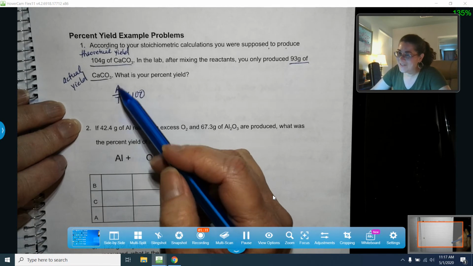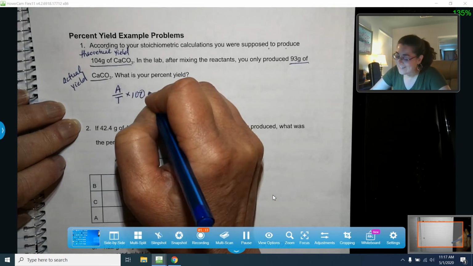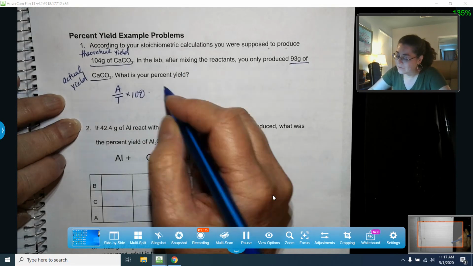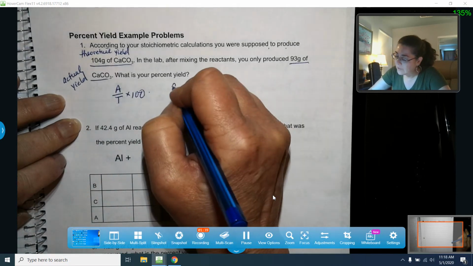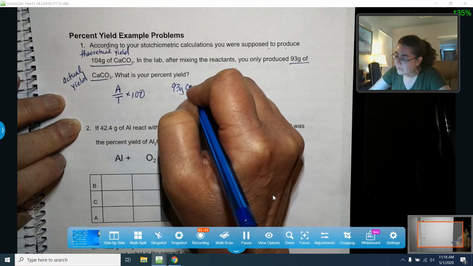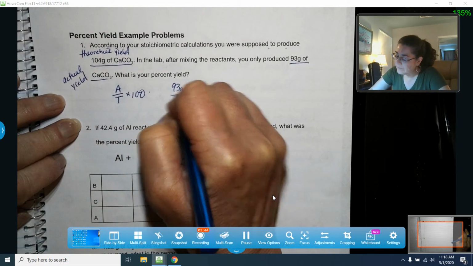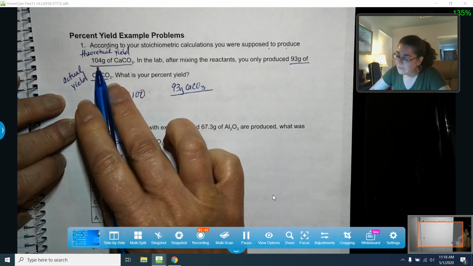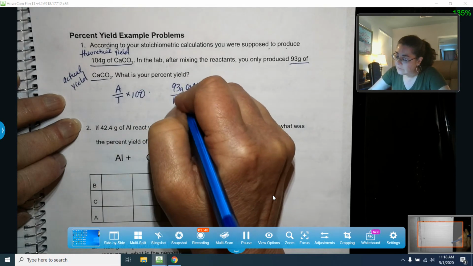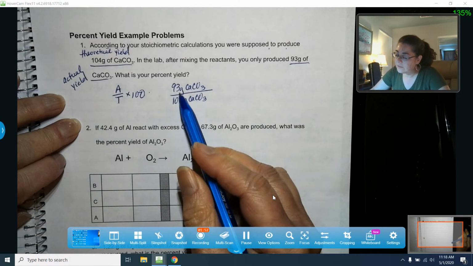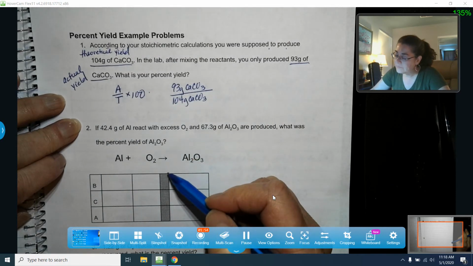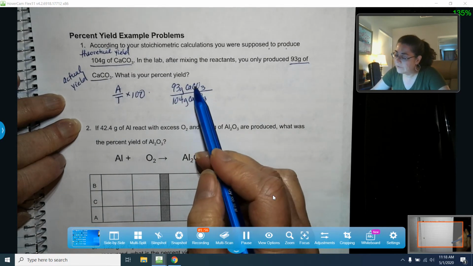So actual over theoretical. Okay, and then we're going to plug in the numbers now. So actual was 93 grams of calcium carbonate, and the theoretical is 104 grams of calcium carbonate. Notice that these are grams, and also notice they are the same substance.